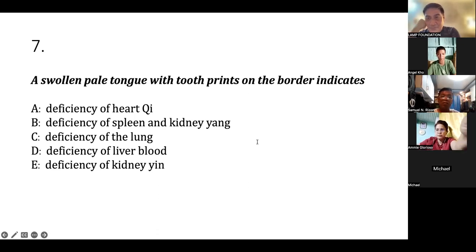Manipis yung tongue. Di ba manipis? It's just pale. Remember, this is still qi. Function pa lang. Ibig sabihin, hindi na optimal yung function ng heart. Deficient lang yung heart qi.